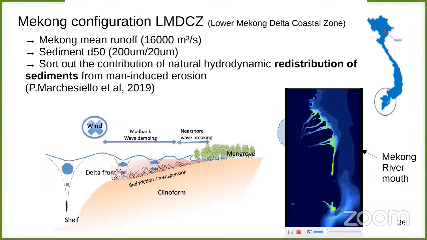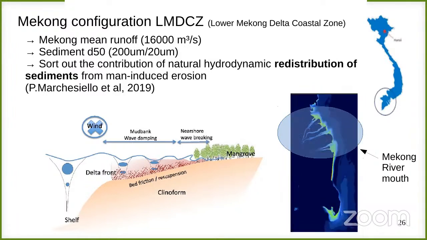Mekong. Sorry, I'll go quick. This is the Mekong configuration. The Mekong is on the south of Vietnam. It's a big river, I think the 10th biggest river of the world.